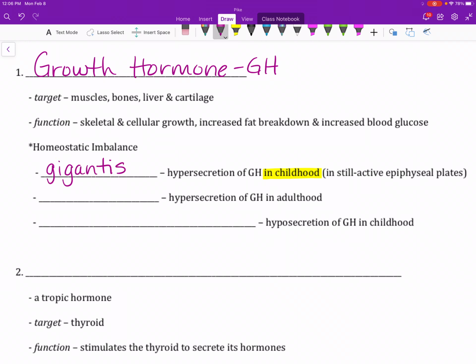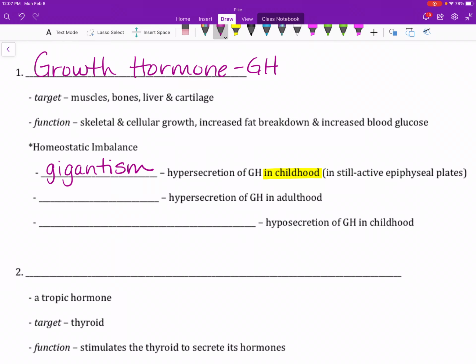We are going to look at this a little further when we do our endocrine disorders Padlet, but that's in 2 Mondays from now, or Tuesday and Wednesday, 2 weeks from now. But we are going to get into a few disorders in this unit. So gigantism is too much growth hormone in childhood.